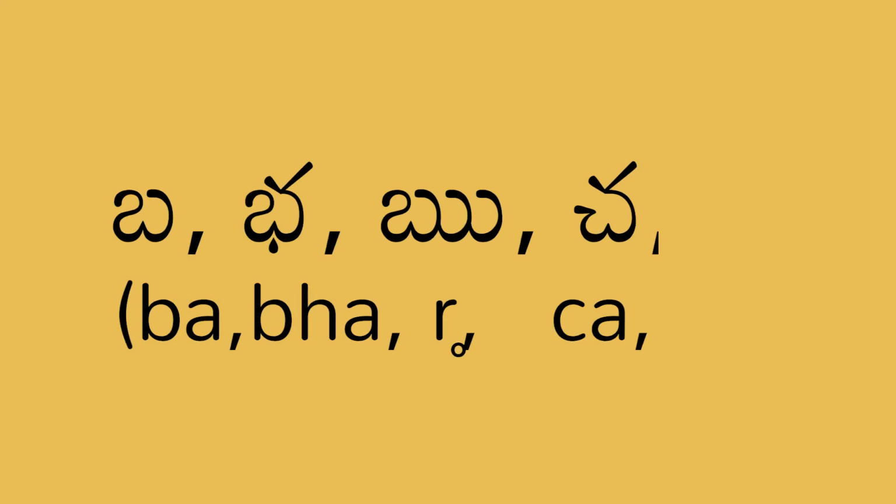Summary of the lesson. Learners will be able to recognize, pronounce and write the Telugu letters ba, bha, ru, cha, cha. Mastering stroke order, proportions and the use of secondary vowel symbols including dependent and independent forms.